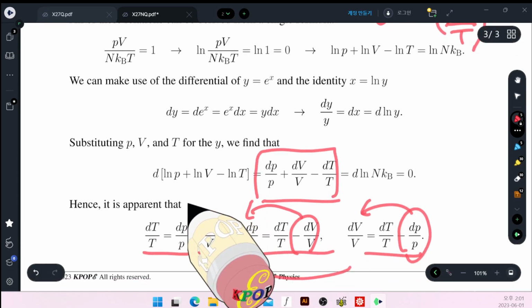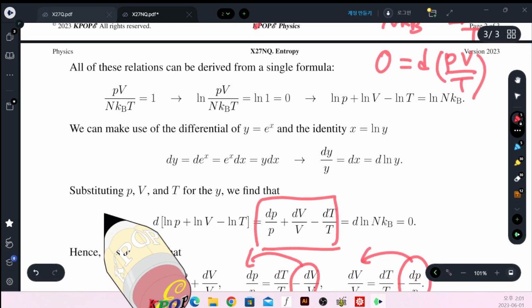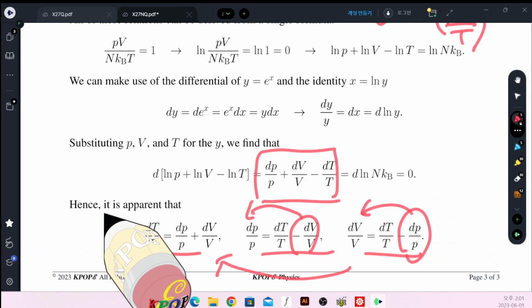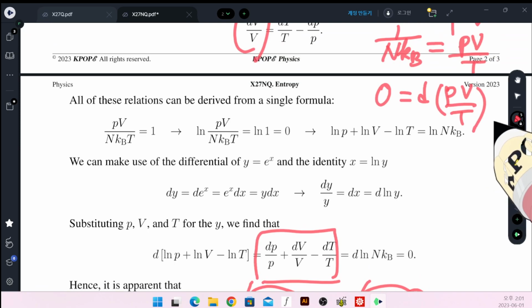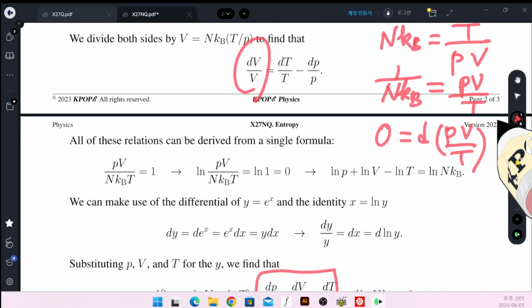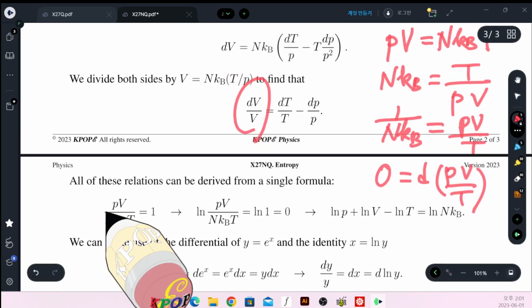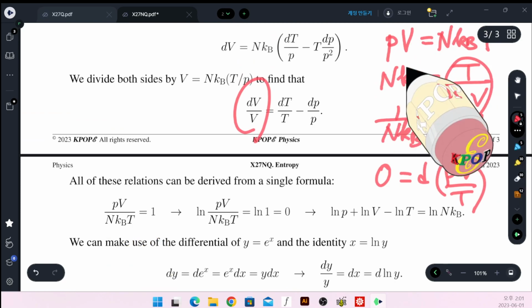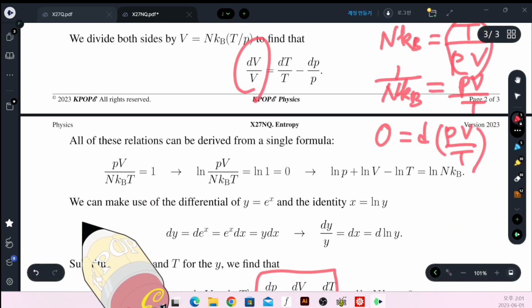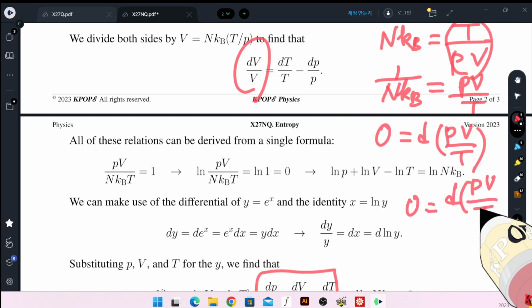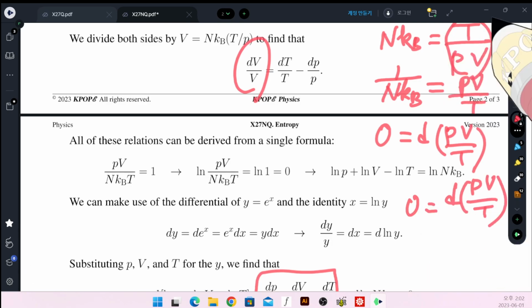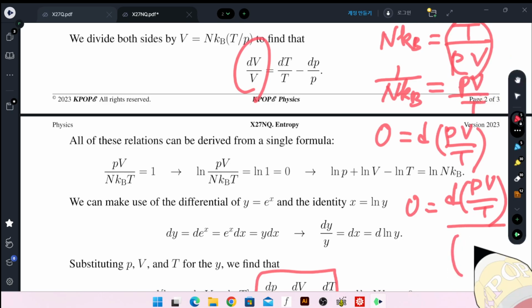The nature depends on the fact that this is a constant. This is a constant. This one is a constant. So because it is constant, 0 is dP dV over T, and this constant is divided by T.